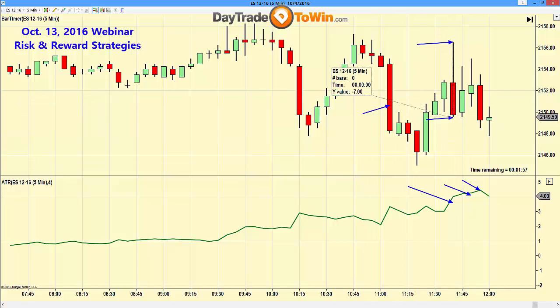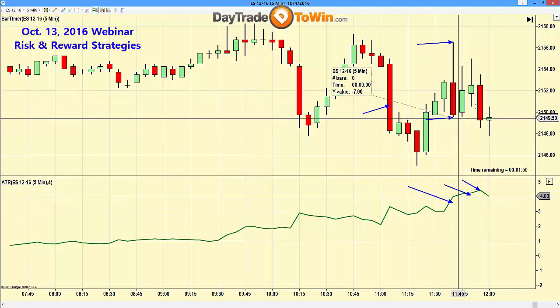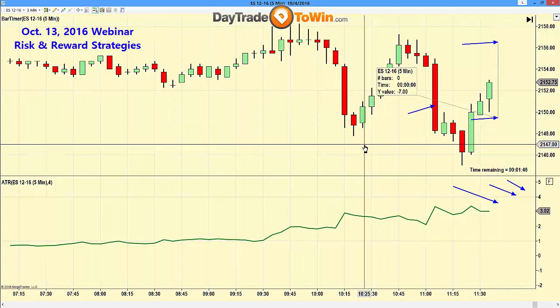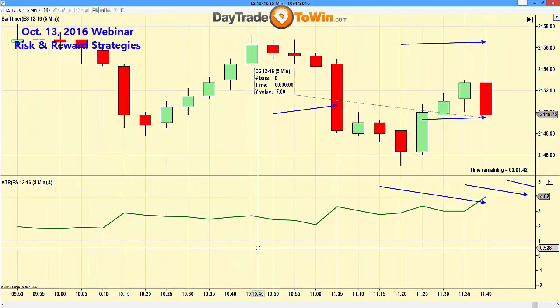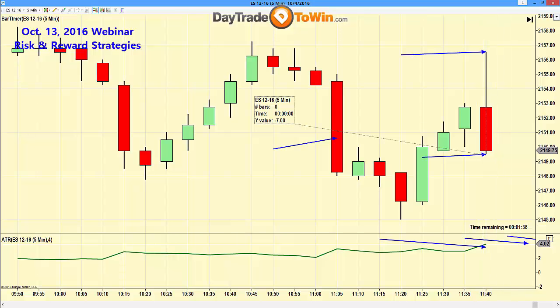Because as an example, this high to this low happens to be a total of 7 points. It's a lot, right? If you have a stop that is less than 7 points, let's say you went short. Let's say that you saw this candle and you said, you know what? This is a great opportunity. The market's about to take a nosedive. Let me go short, right? Why not?